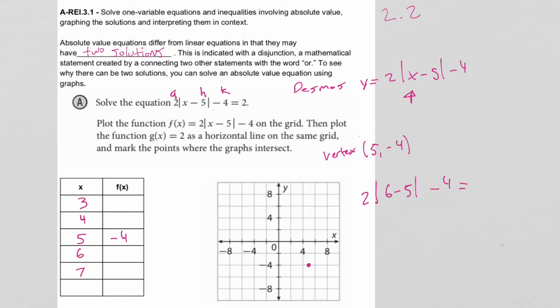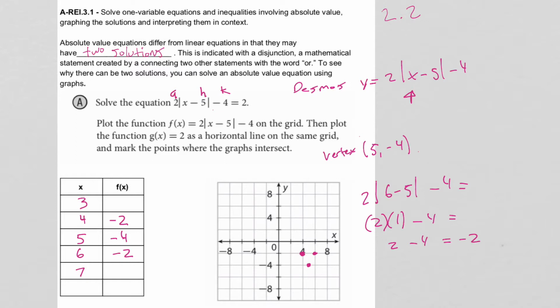What's that equal to? 6 minus 5 is 1, and the absolute value of 1 is 1, and all that's being multiplied by 2 and then subtracted by 4. So you have basically 2 minus 4, which is equal to -2. So we know if this is -2, that is -2. So let's now plot those points there and there, and there and there.